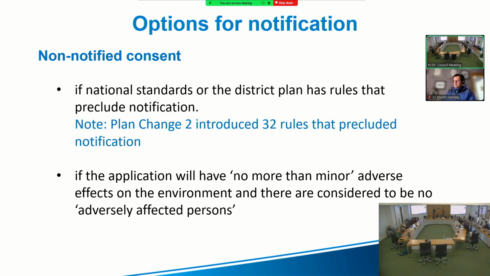In Plan Change 2, we introduced 32 rules that precluded notification. What that means is that any criteria that would be triggered during a consent application for those sites would preclude notification, so we cannot notify in any case.